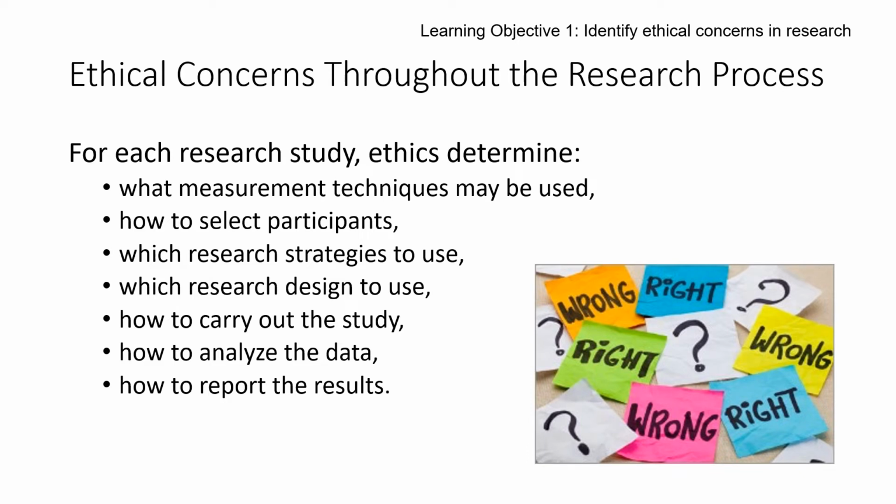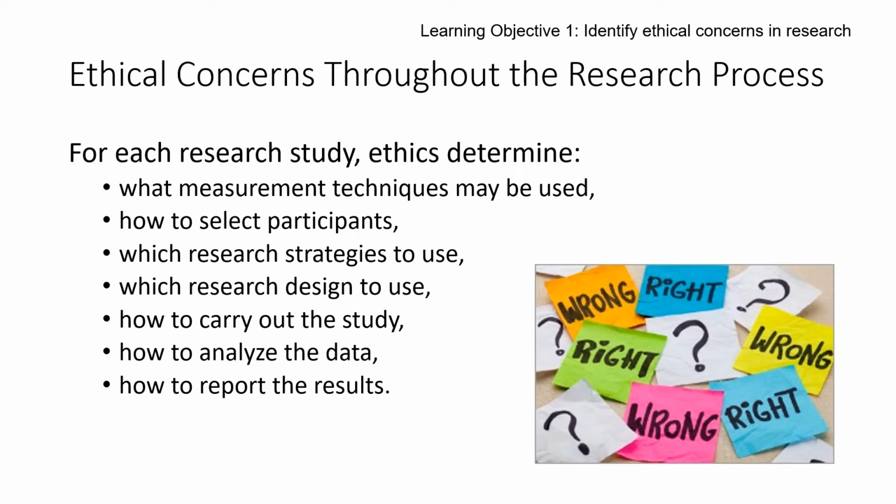However, research that's done today must follow an institutional review board. Each institution has an institutional review board that looks at ethics in research, and it approves or rejects research based on the ethical concerns.